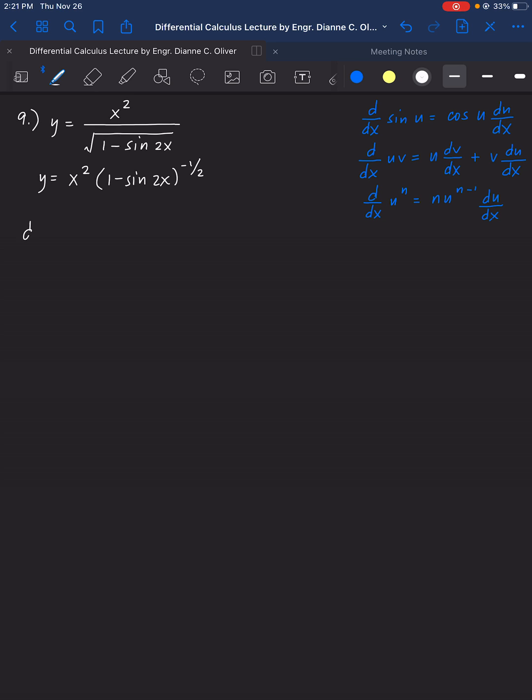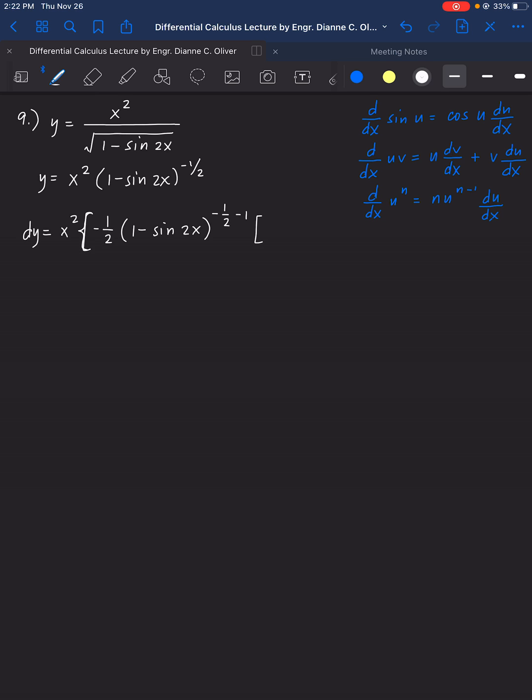The derivative of y is now equal to x squared, and then derivative of the right portion, bring down negative 1/2, copy u, minus 1 the power, and then derive what's inside.